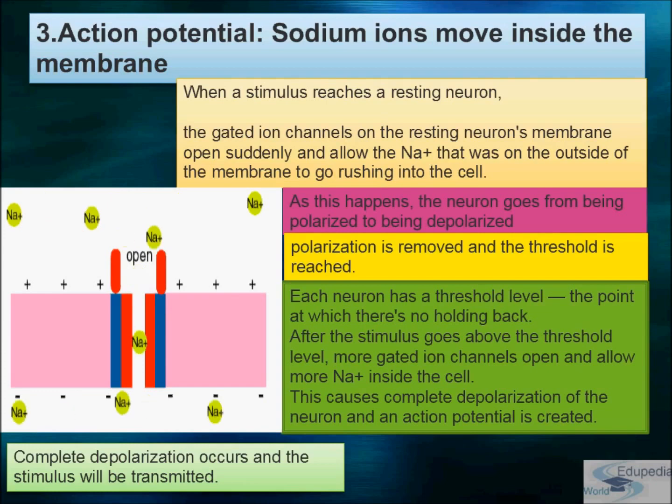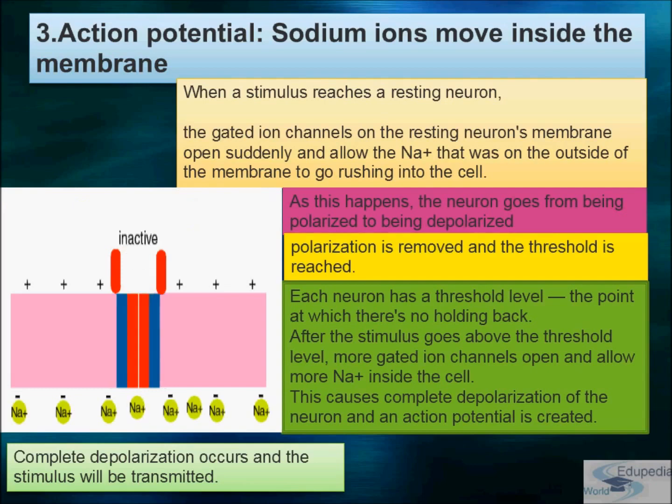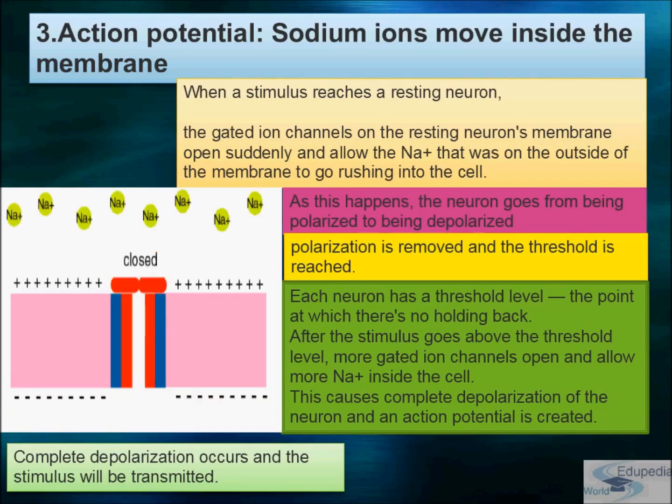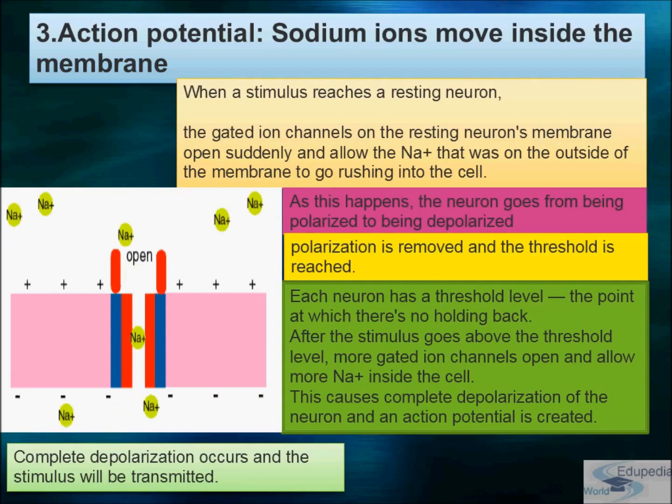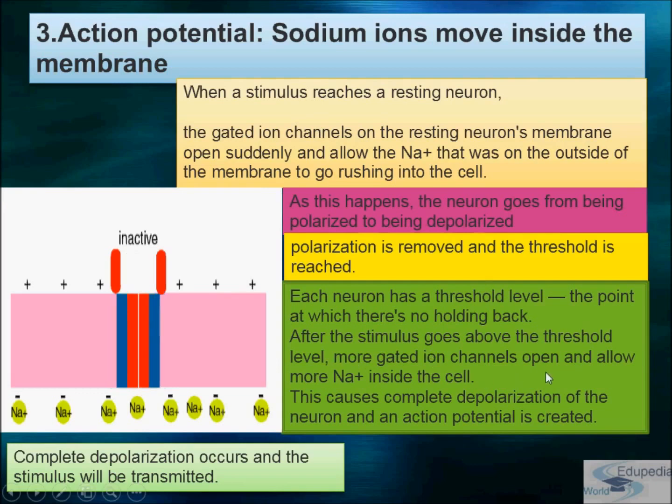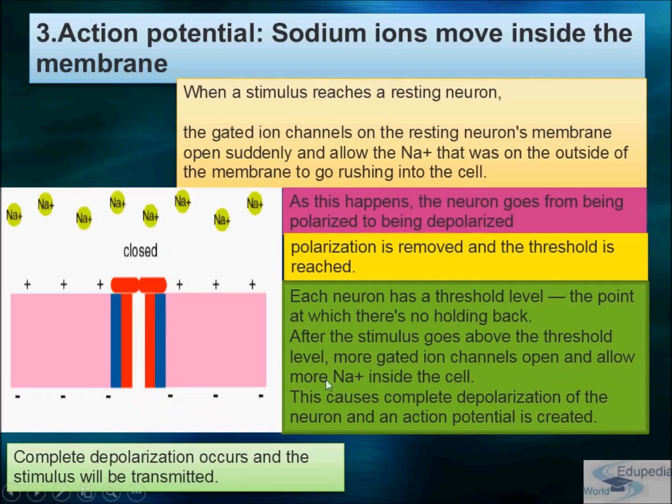Each neuron has a threshold level, the point at which there is no holding back. That means no sodium ion is left outside the membrane, all are inside the membrane. Then that level is known as the threshold level. After the stimulus goes above the threshold level, more gated ion channels open and allow more Na+ inside the cell.